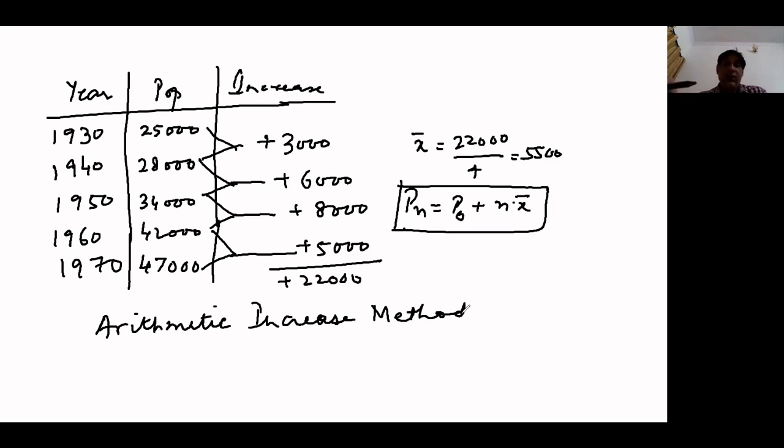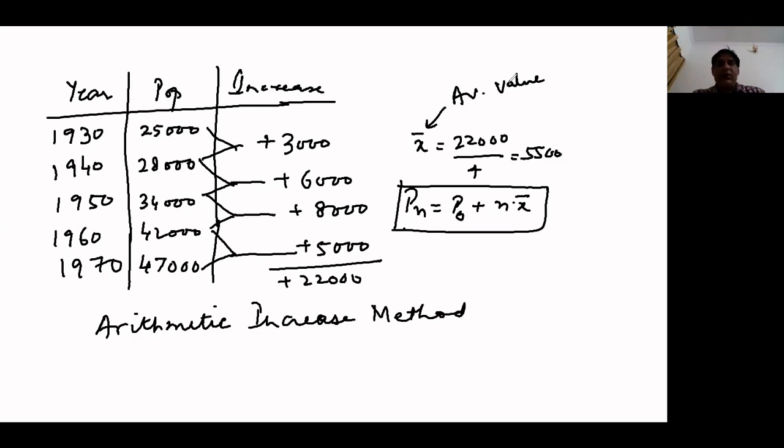Now the total increase is 22,000. We've got four increases of 3,000, 6,000, 8,000, 5,000, and the total increase is plus 22,000. Now, what is the average value? It is 22,000 by 4, that is 5,500.